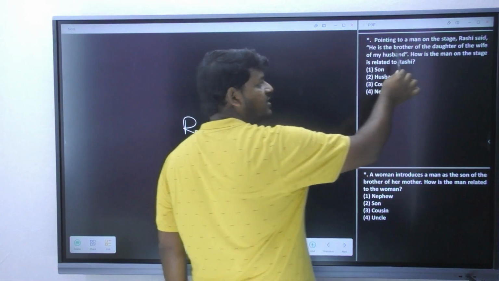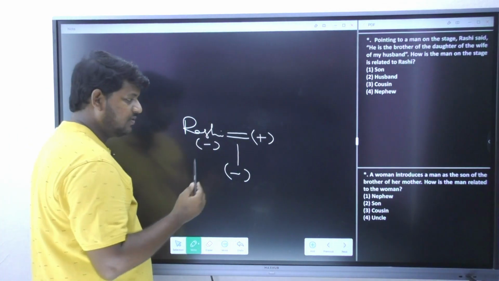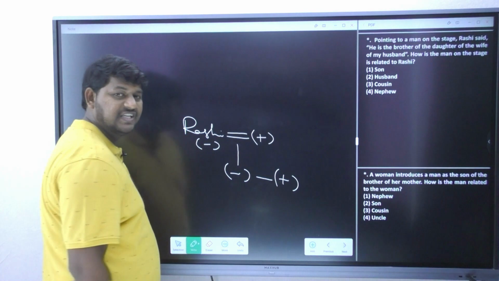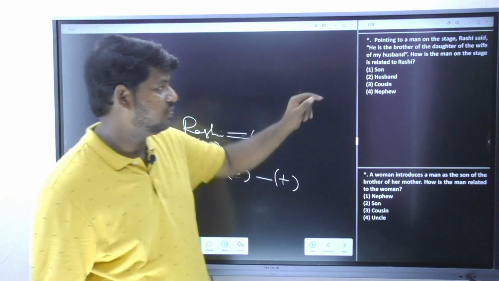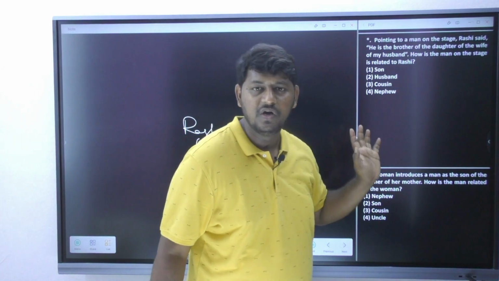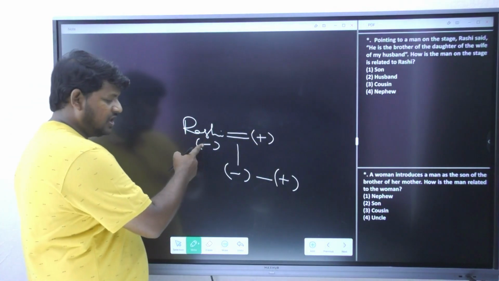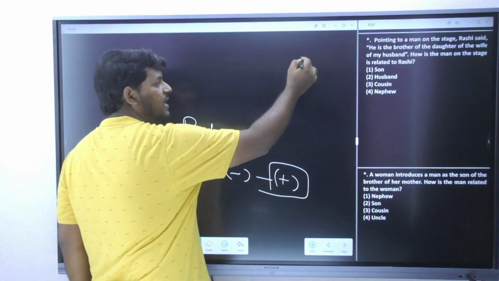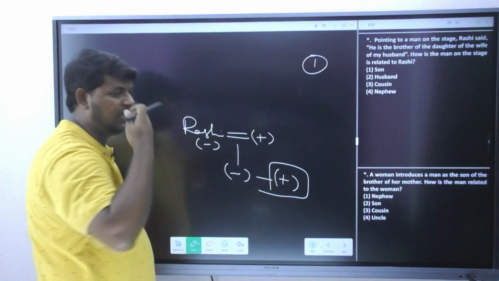Rashi's daughter's brother, just observe it, Rashi's daughter's brother is what to Rashi? That is what this is asking. How is the man on the stage related to Rashi? So Rashi is going to call this person on the stage as what? Son. That is option number 1.